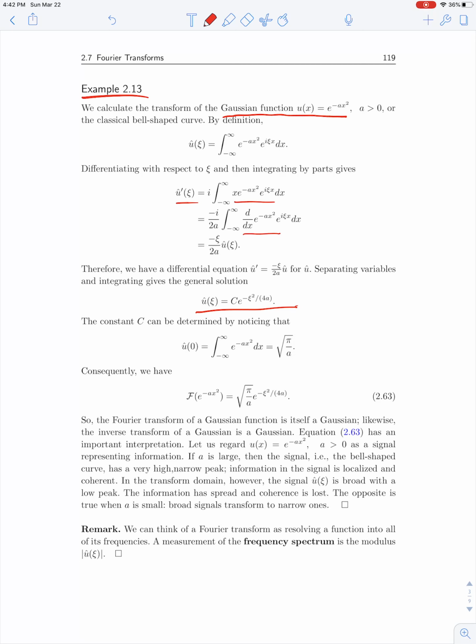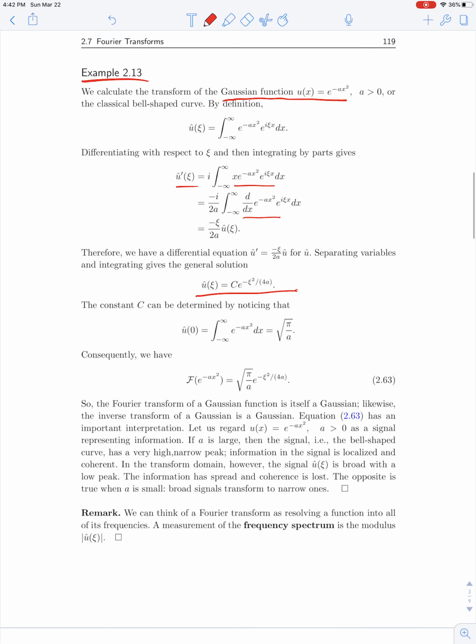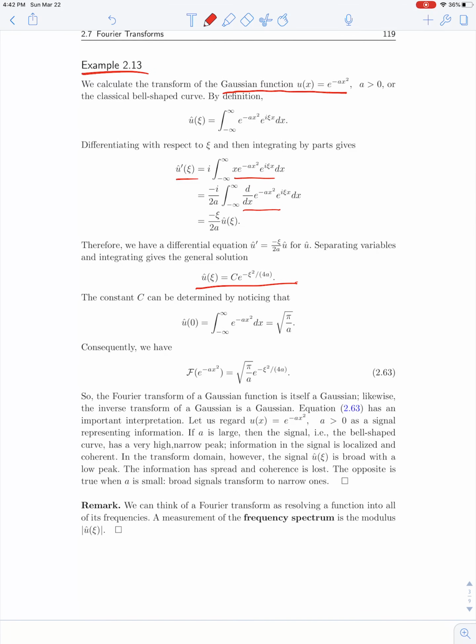And then you look at the initial condition, u0, and that equals the constant, and therefore you have this formula. We will go over the details of this during class time. So I want you to first read these examples by yourself.